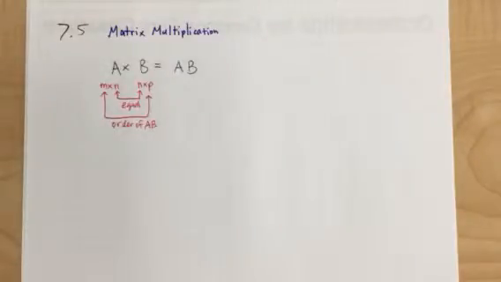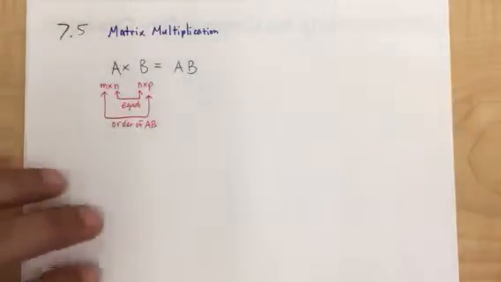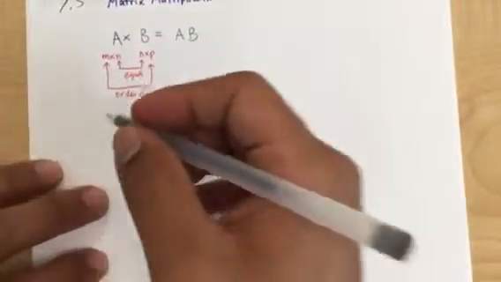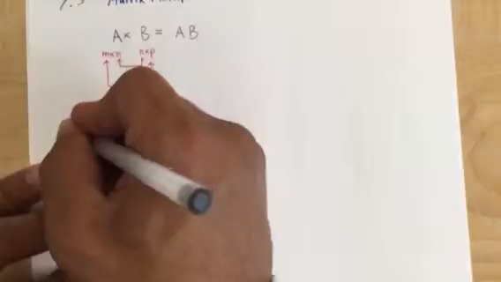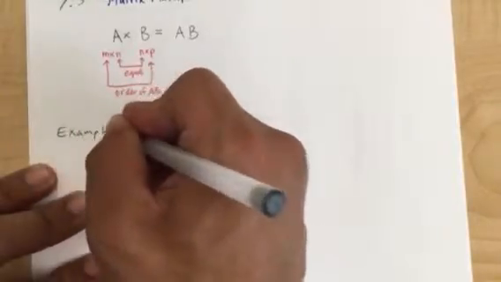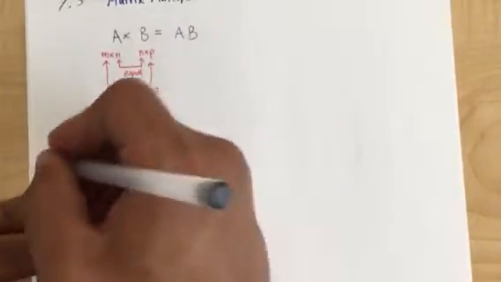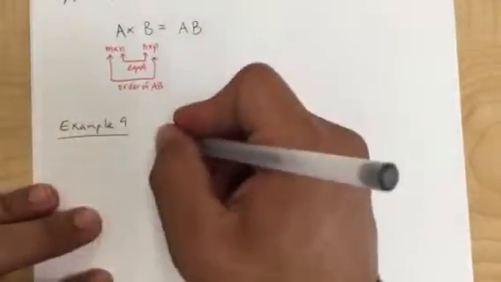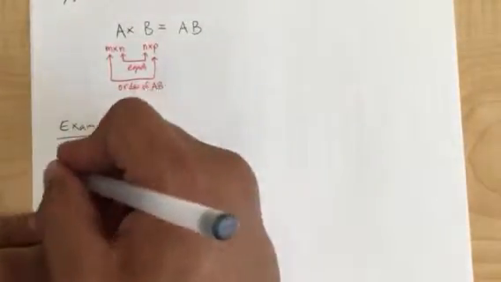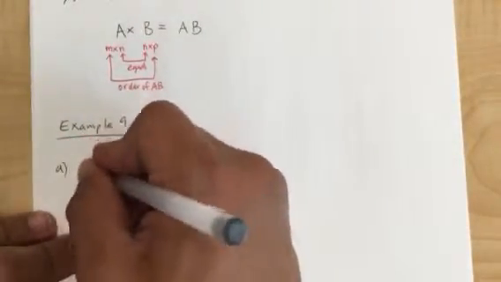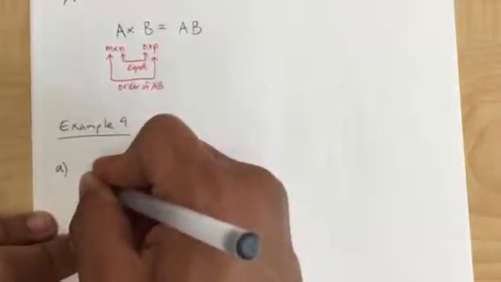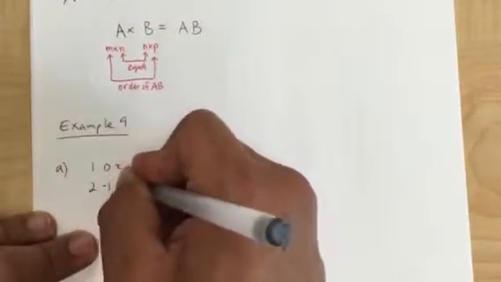So here, let me go over A. Our first example is going to be from example 9 in your book. You have a matrix here: 1, 0, 3, 2, negative 1, negative 2.